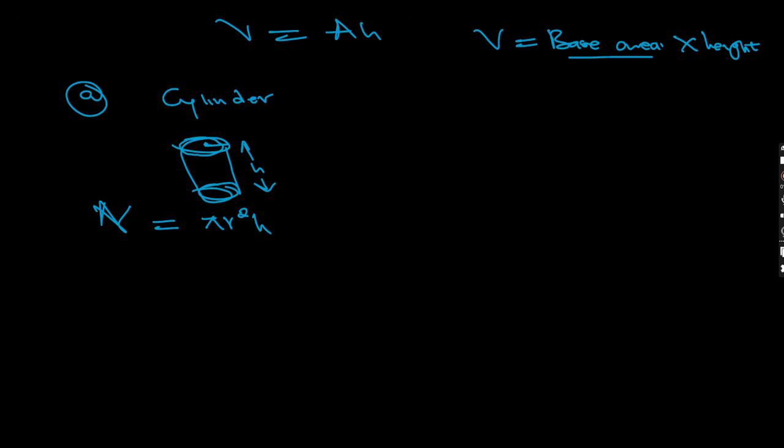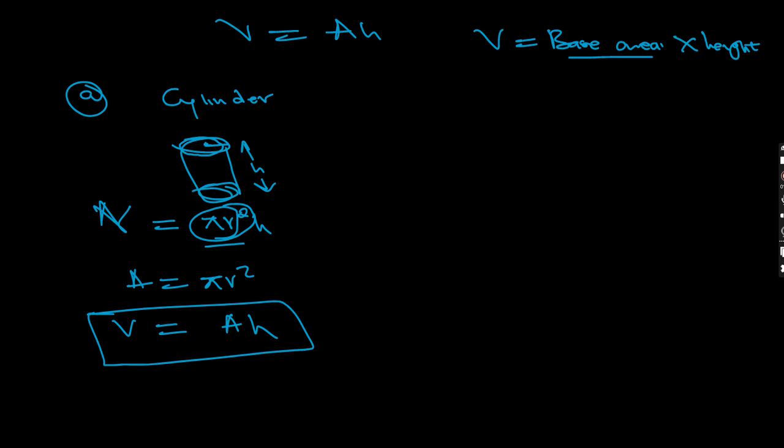Now I want you to see this. The area of a circle is given by pi r squared. So where there is pi r squared, you're going to replace it with the letter A. We are going to remain with h there. Hence shown. What about the volume of a rectangular object? Can it also be written in this form? The base area of the rectangle is given by L times B, then the height here.